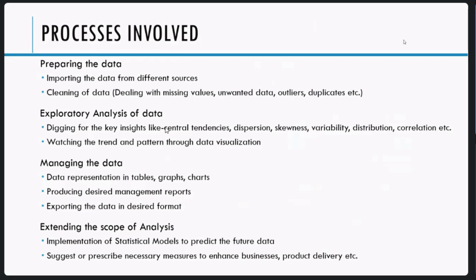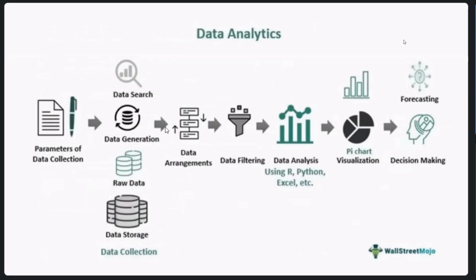Then you have to manage the data and extend the scope of analysis. So these are the four main processes involved in data analytics. I have clearly written the key points of these four main steps. Let us understand how this is done.